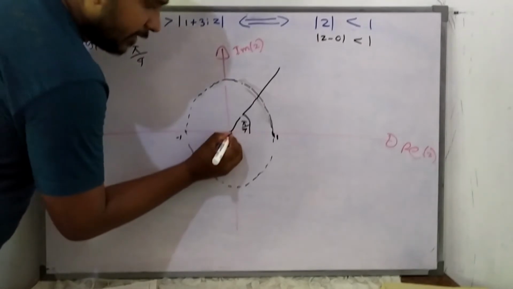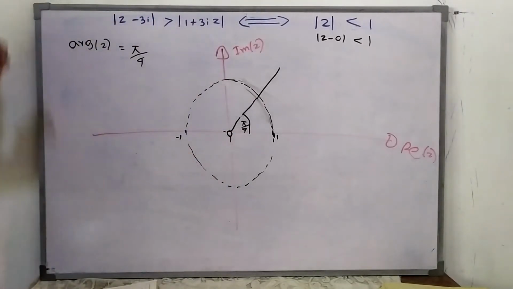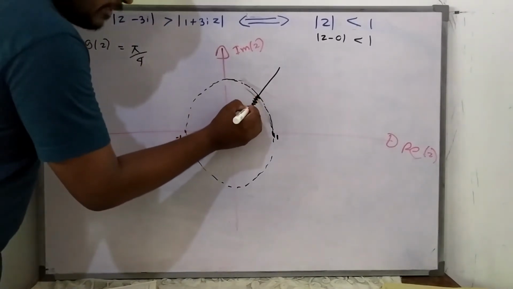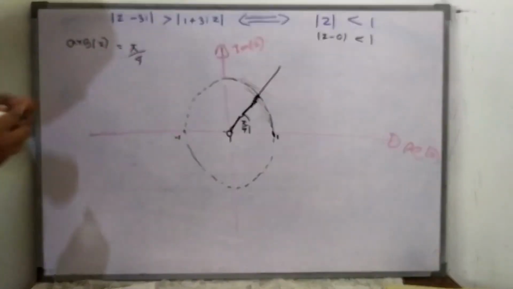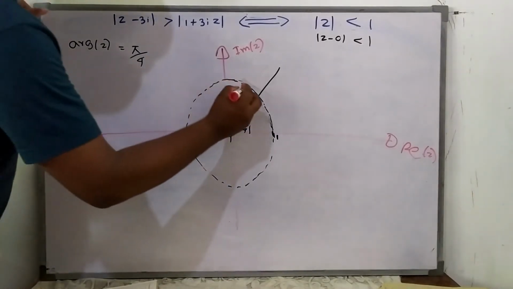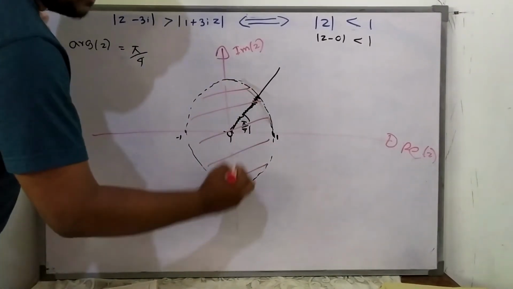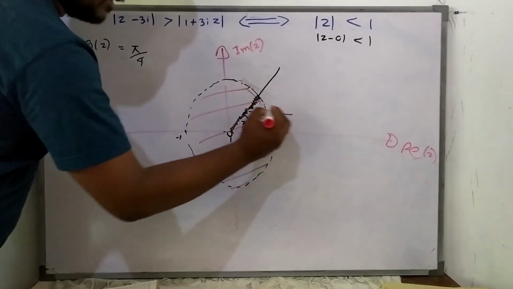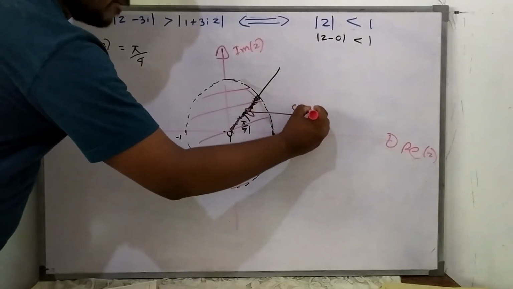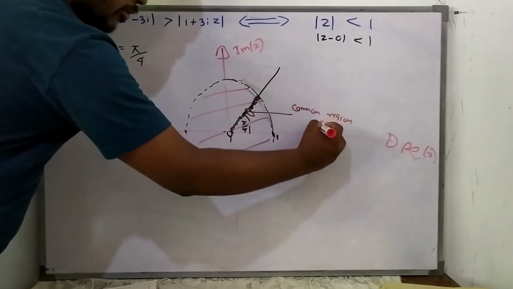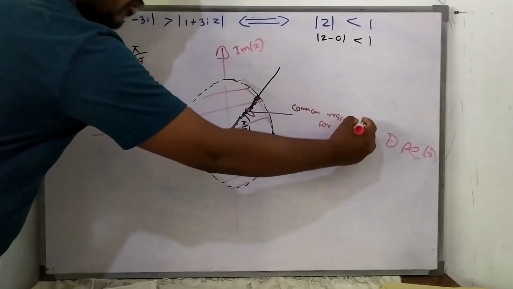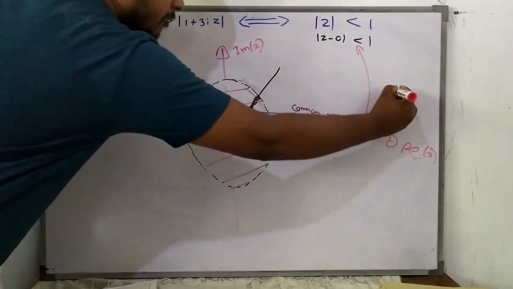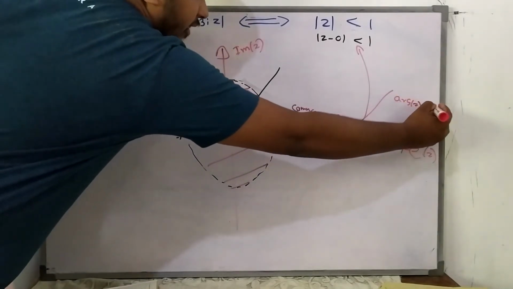Over here it's always a circle. Therefore the common region is this one, the red colored surface, right? So this is my z line, and both are connected over here. So this is the common region for both this circle and argument z equal pi by 4.